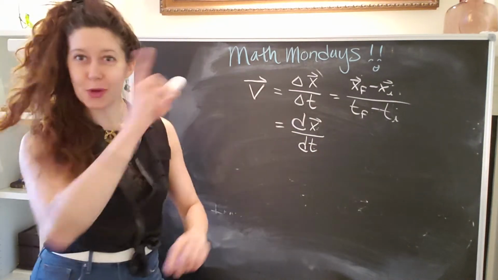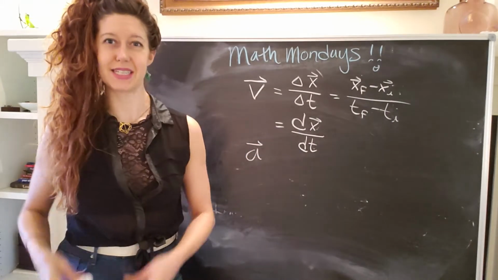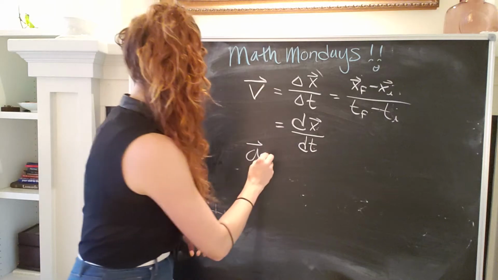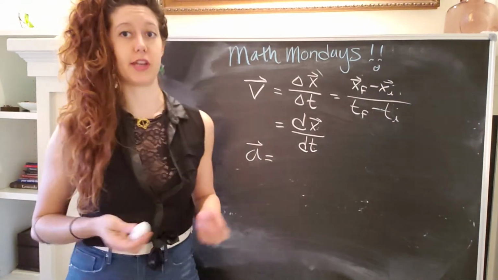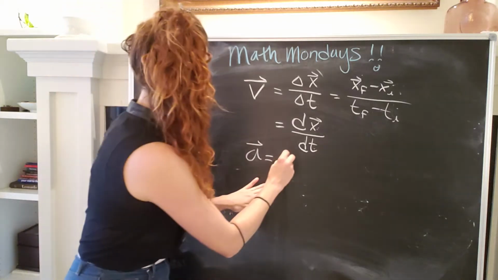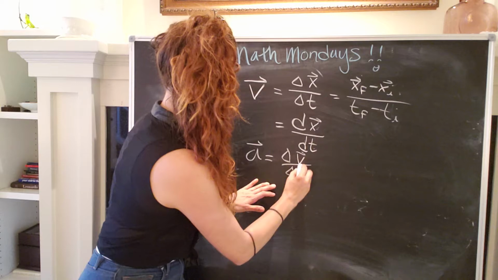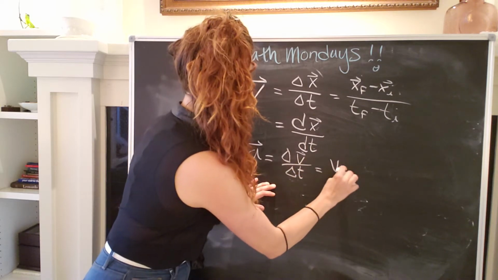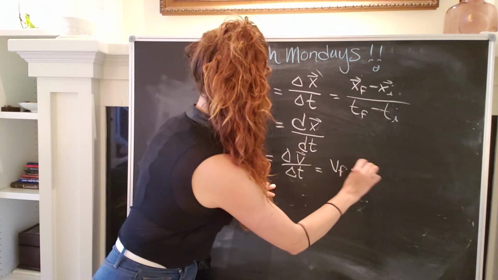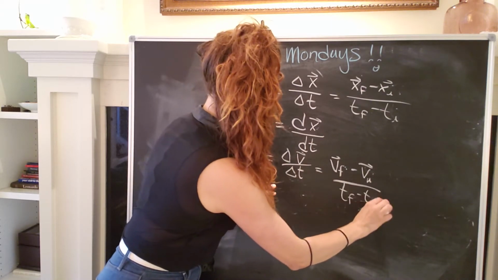Acceleration is also a vector, so it also has a magnitude or size as well as a direction. And acceleration is defined to be the change in velocity over the change in time. So again, we can do the change in velocity divided by the change in time, or v final minus v initial, and these are all vectors, divided by t final minus t initial.